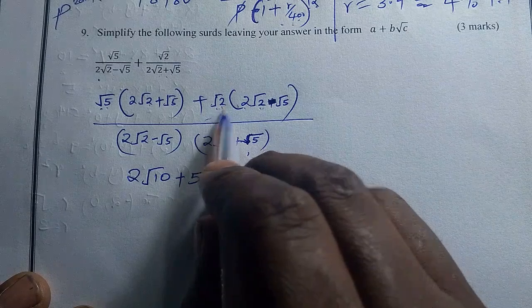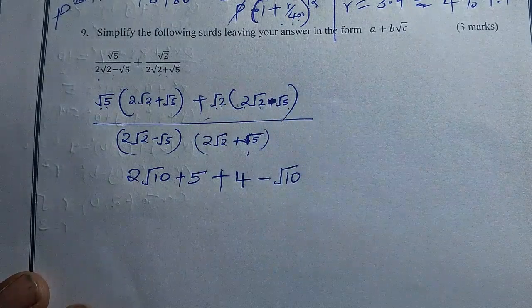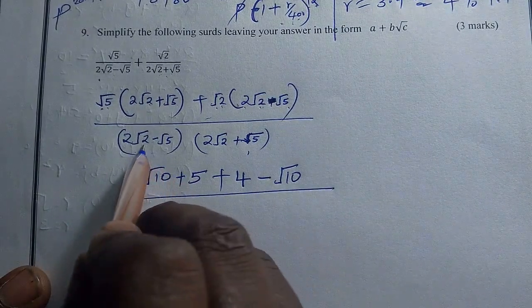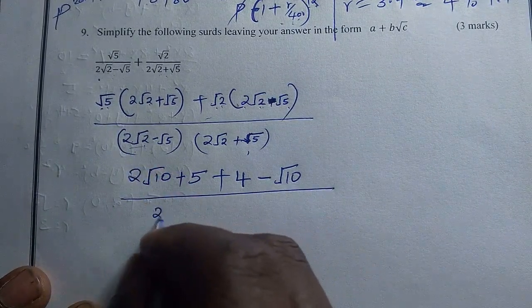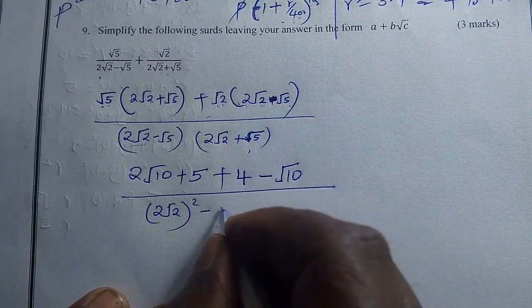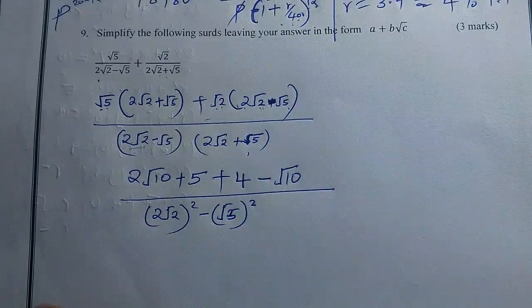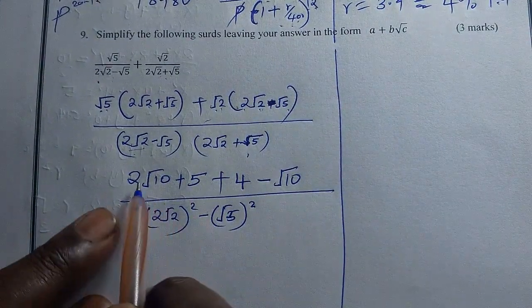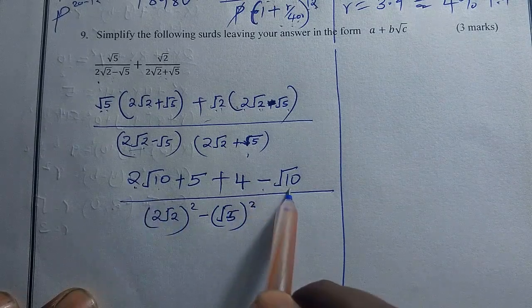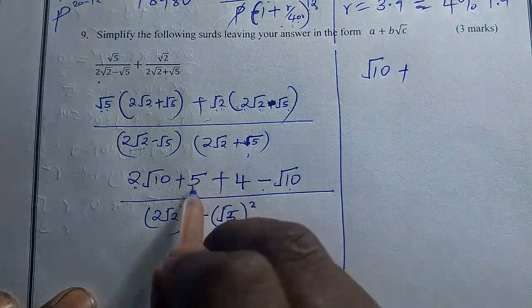Root 2 times root 5, the answer is root 10. For the denominator, you take the first term, that is 2 root 2, you square, minus the second term, root 5, you square. So 2 root 10 minus this, we are going to have root 10 remaining plus this 9.